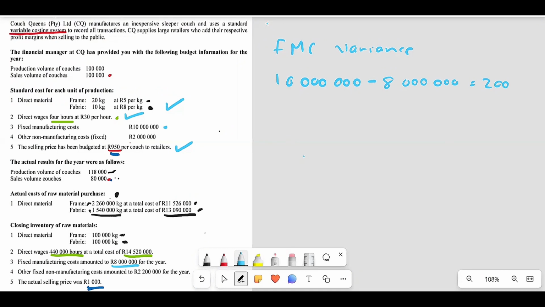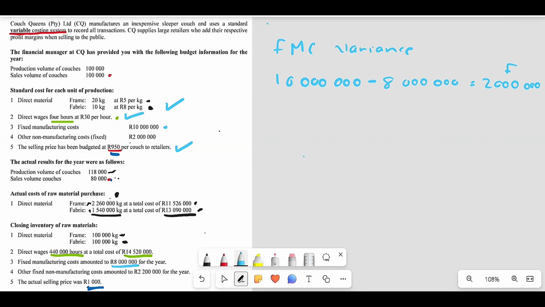Therefore, the variance is 2 million, right? Okay, which is favorable because we had spent less than we had initially budgeted to spend, right?